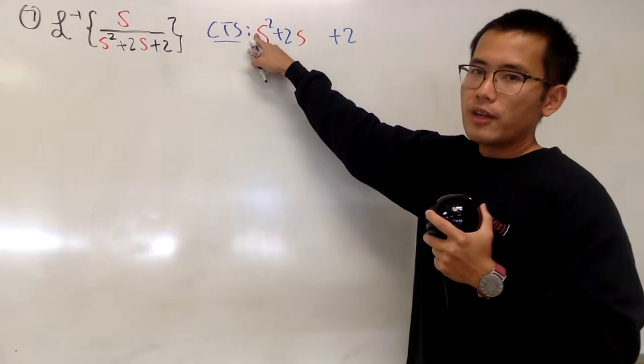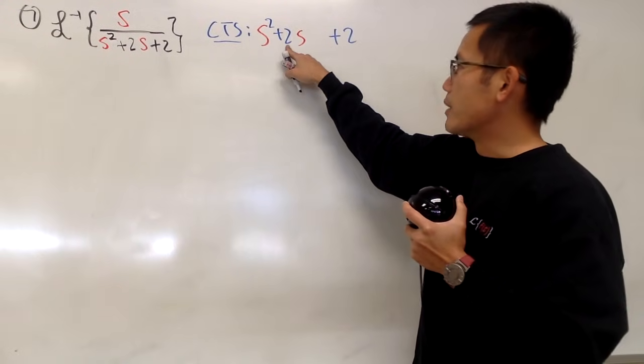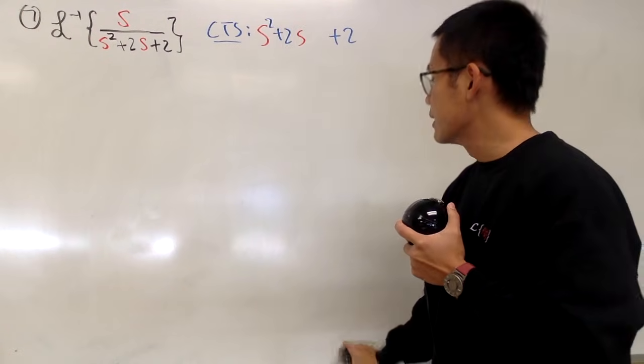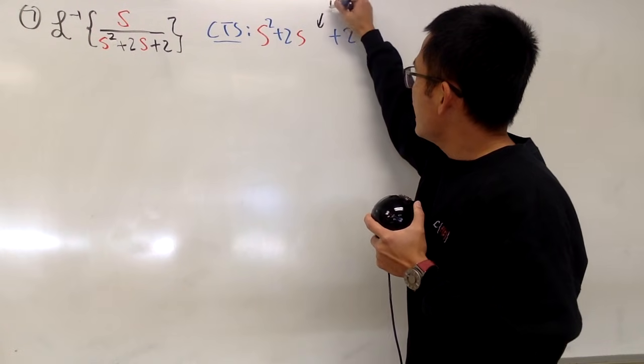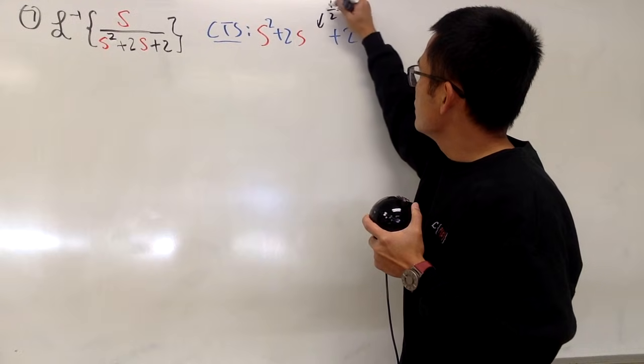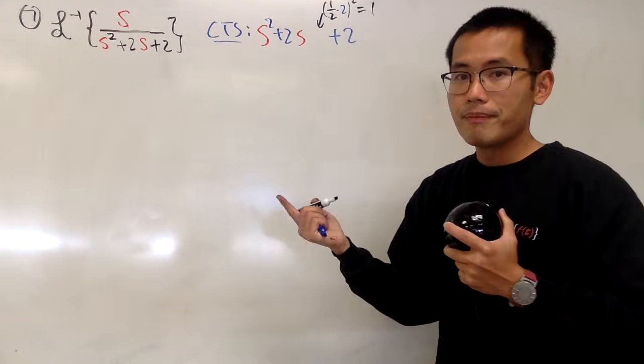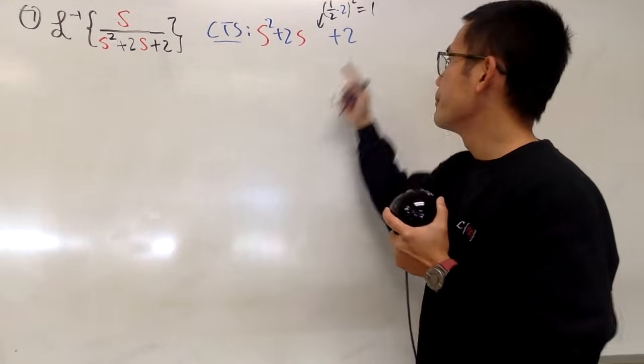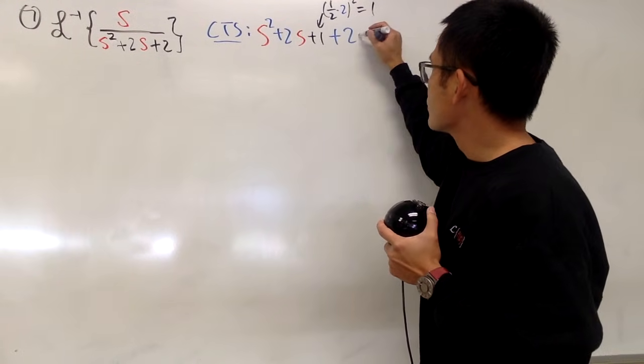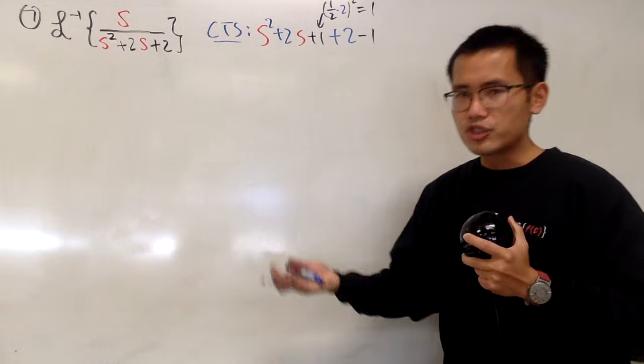Make sure there is a 1 in front of the s squared, which there is. And then look at this number. This number is 2. So what you have to do is take half of this number, put it in parentheses and square that, and work that out, which is just equal to 1. So this is the magic number that you have to add and also subtract. Right? So this is the general way to do it.